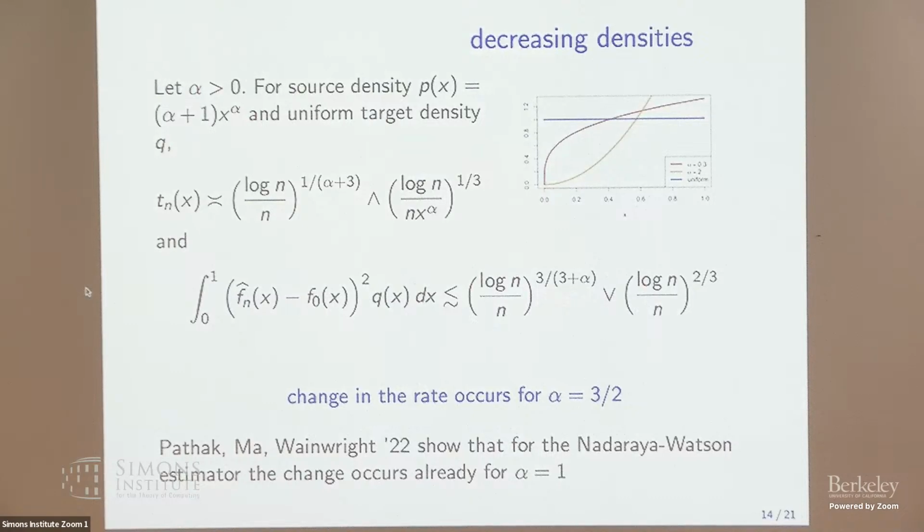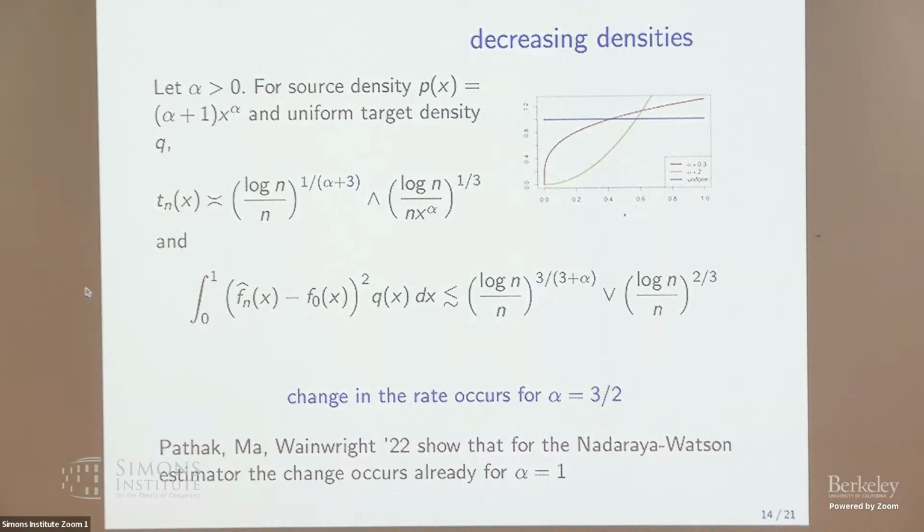Before, although there is a low density region on the left, and under the target distribution we see a uniform distribution, so there is some discrepancy, but this doesn't really kick in because it's on a small area. But if this becomes too extreme, and here this is driven by this alpha parameter, so if alpha is exceeding 3/2, then you suddenly lose in terms of convergence rate.